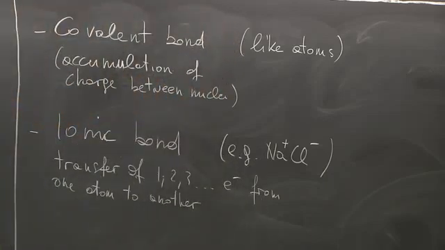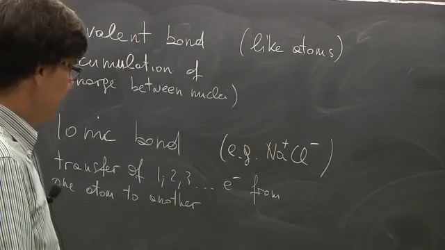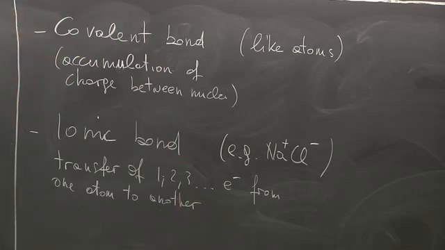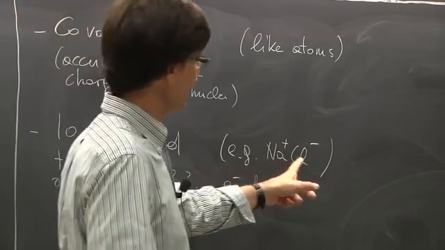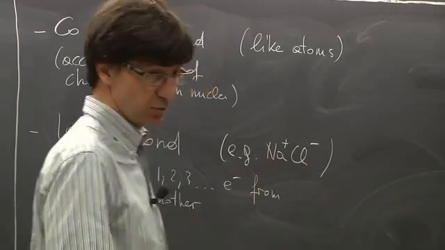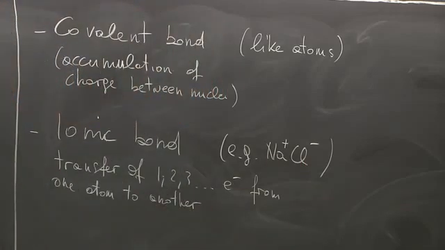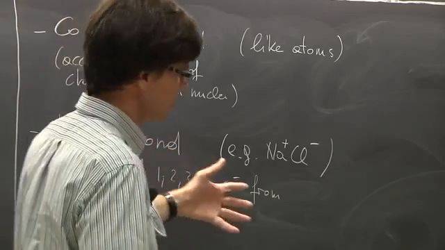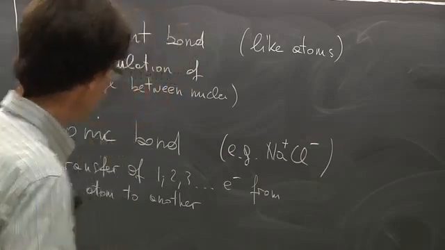Now the consequence, of course, of this is that the energy has to go down. The energy in these processes always goes down if they happen, right? Otherwise, they wouldn't happen. But in addition here, you have also the electrostatic energy of interaction due to the fact that these are oppositely charged Coulomb ions. So generally speaking, the ionic bond also gives rise to a lowering of the energy.